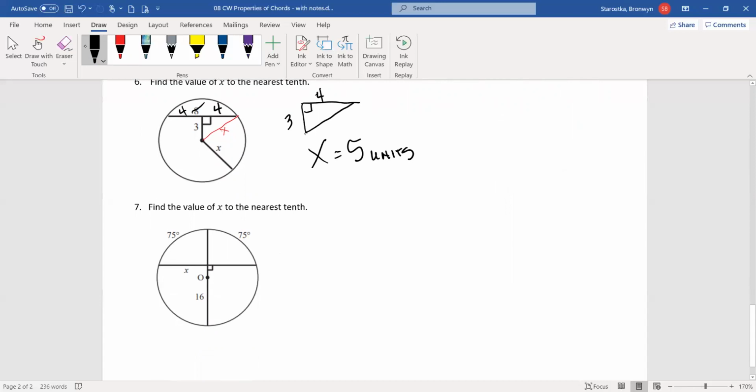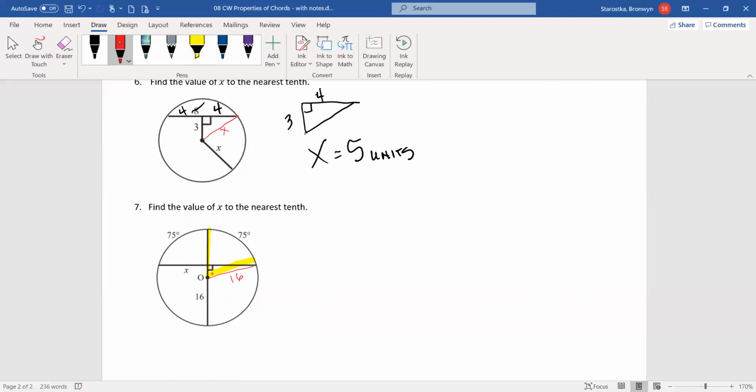Let's find the value of x to the nearest tenth. So in this case, our radii is 16. There's our radii, it's 16. And do you notice that we have a central angle here? And that central angle will also equal 75.